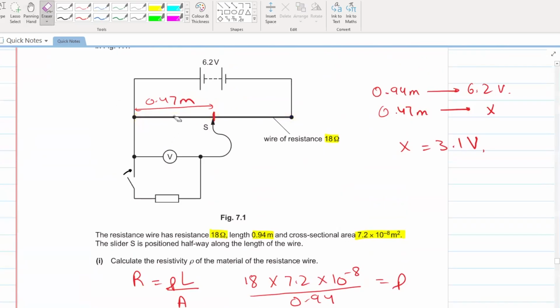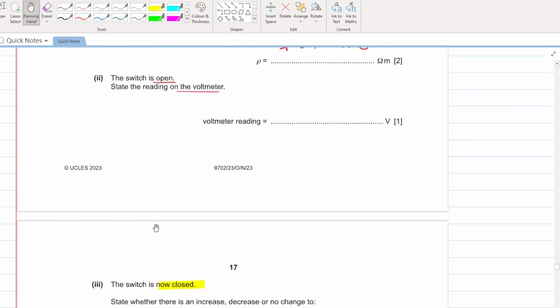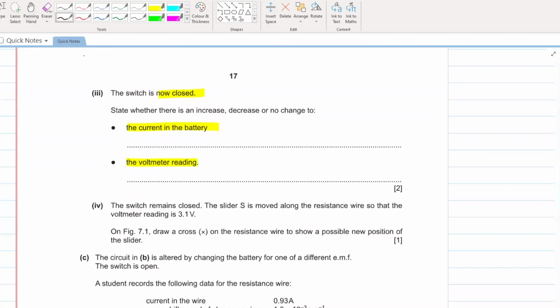Why will the resistance decrease? Because now this resistance wire and this resistor have become a parallel circuit, hence the resistance decreases, current increases. You can write here resistance decreases, current increases. Simple.